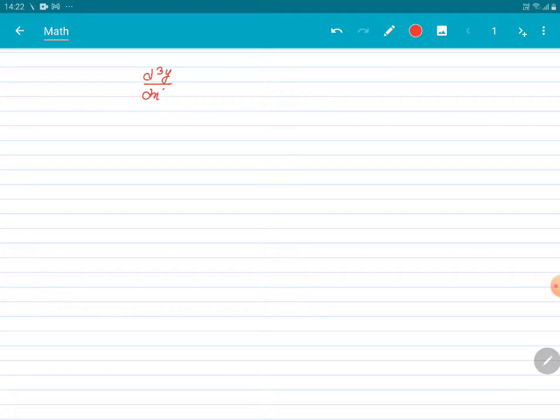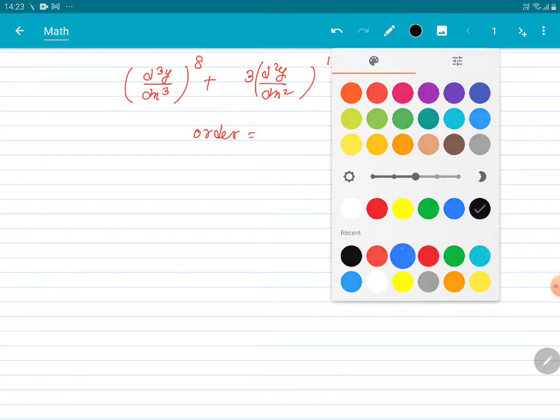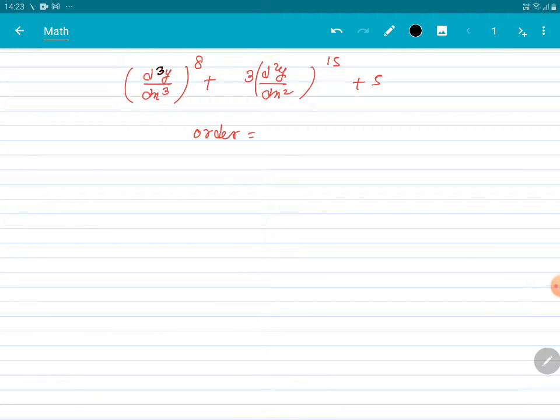Similarly, suppose d cube y by dx cube to the power 8, plus 3 d square y by dx square to the power 15, plus 5. What is the order? Order means the highest order of derivative. This is 3, this is 2.